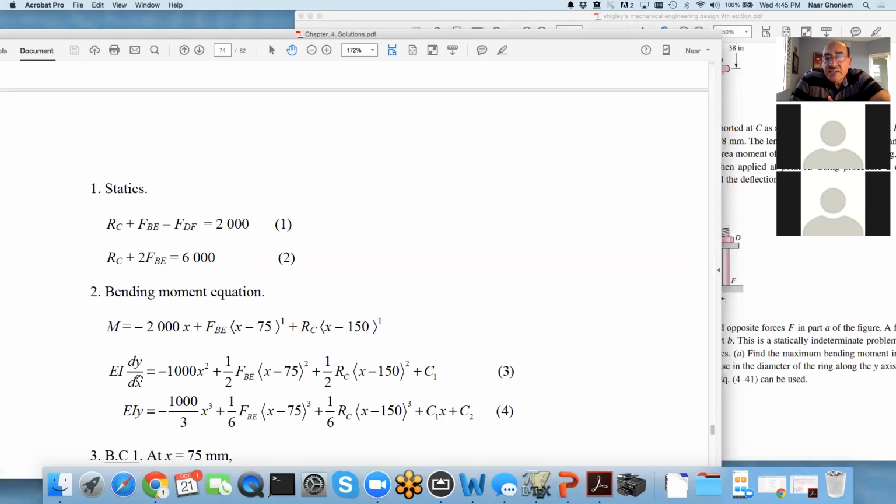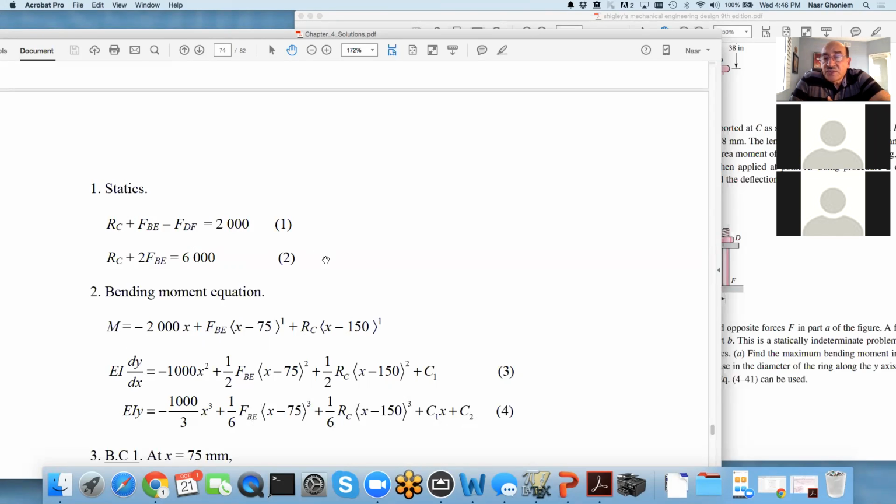And now integrated once, integrated twice with the EI, I get two constants, C1 and C2. So you can see now in equation 4, I have C2, C1, R sub C, FBE, and so this is four unknowns. And then I also have FDF, which is at the end. So it's 5 unknowns.